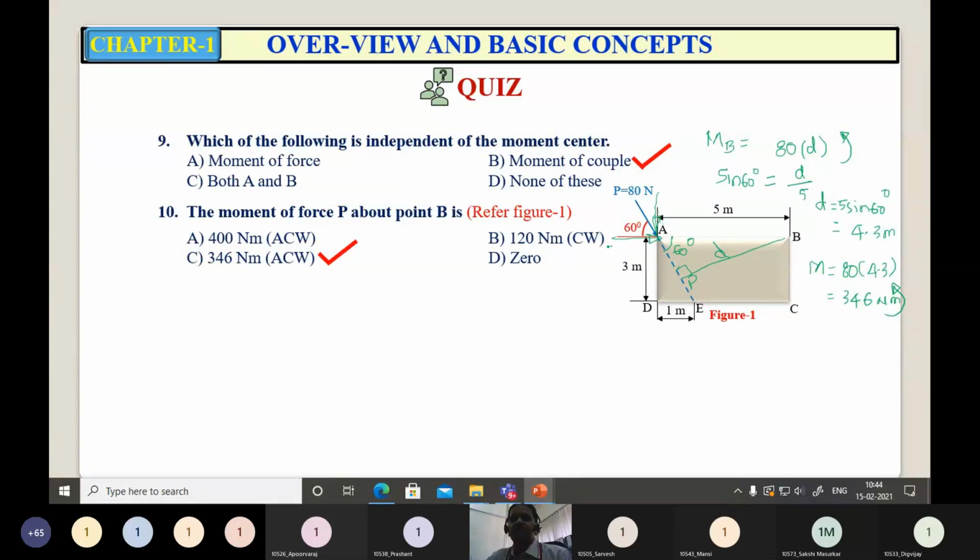So the horizontal component is 80 cos 60 and the vertical component is 80 sin 60. Now you have to take the moment of these components about point B. The algebraic sum of the moments of these two components is the same as the moment of the force, by Varignon's theorem, which we are also going to learn. Don't worry at this moment. Those who know about these components can follow.